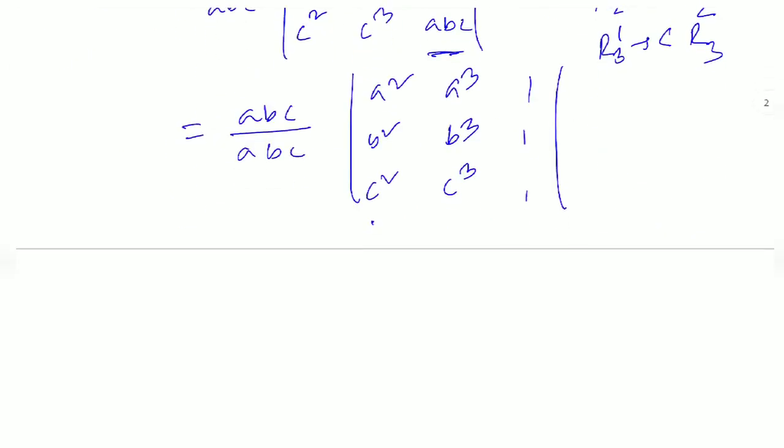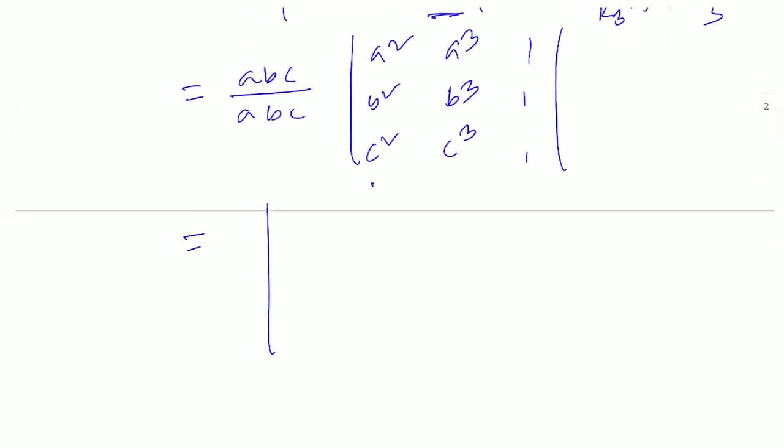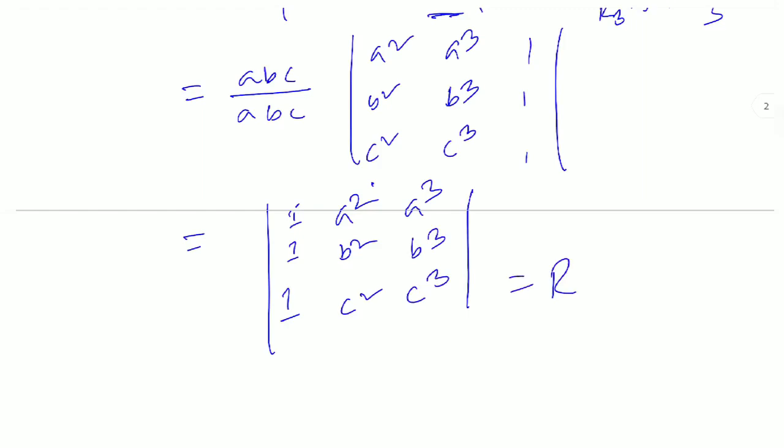So if we exchange these two columns, the value of this determinant actually remains unchanged. So that is actually the RHS, and hence we have proved the given problem.